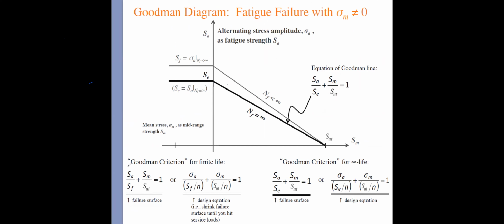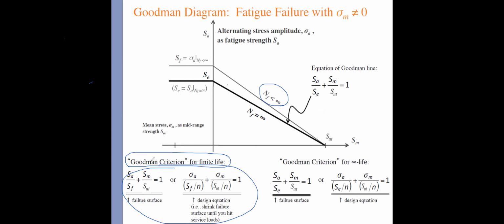For the Goodman criteria for finite life, that means the number of cycles is less than infinity. We can say the number of cycles is less than 10 to the power of 6, and we can use the equation like this.